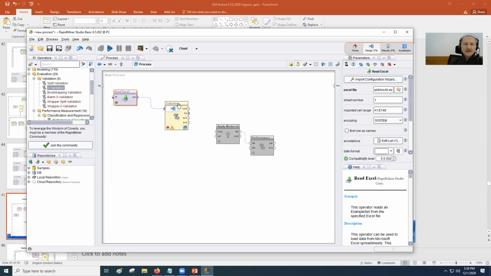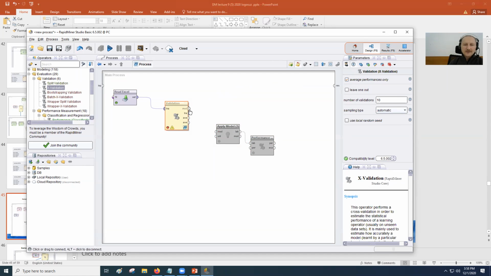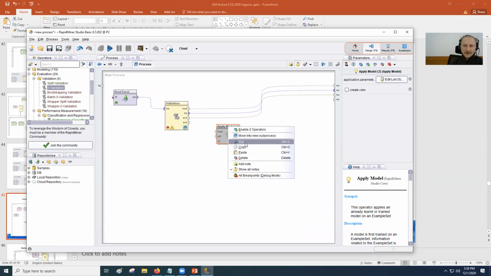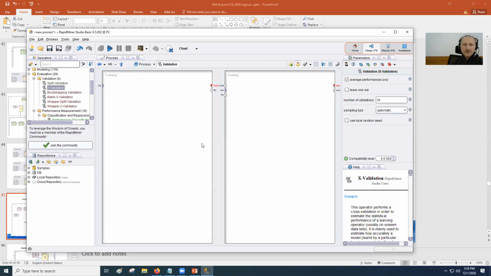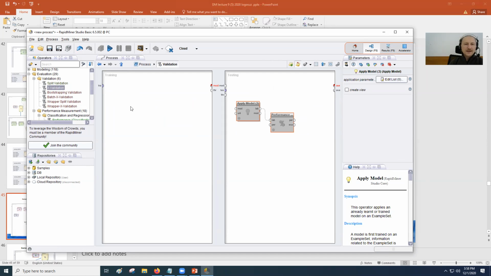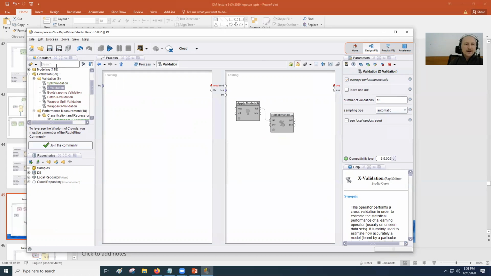Again, this is nested, and you should give the model output. Let's give the outputs. It is nested, so you can enter inside, and on this side we will test the result. In this place we will develop our training model, which in this example is a decision tree.